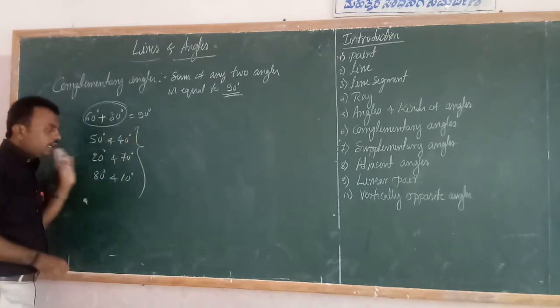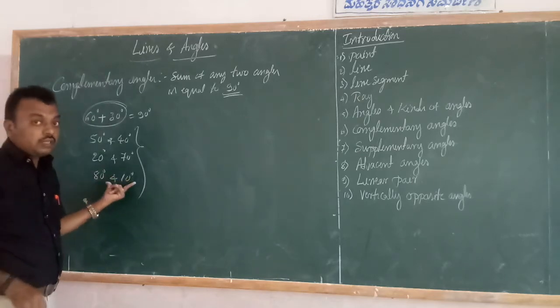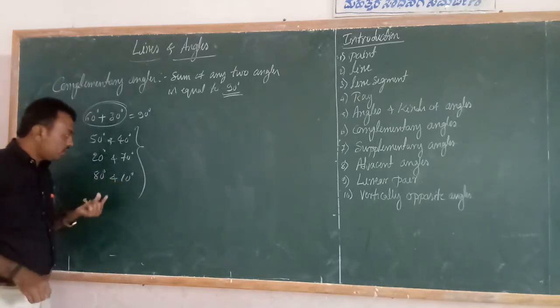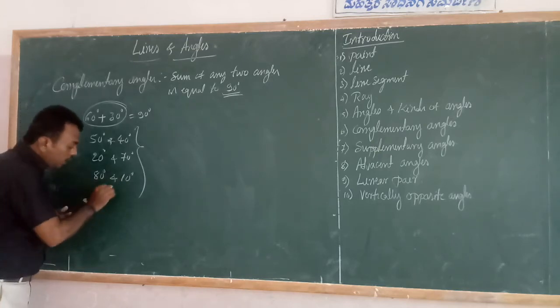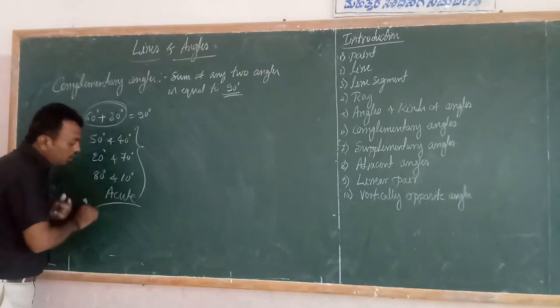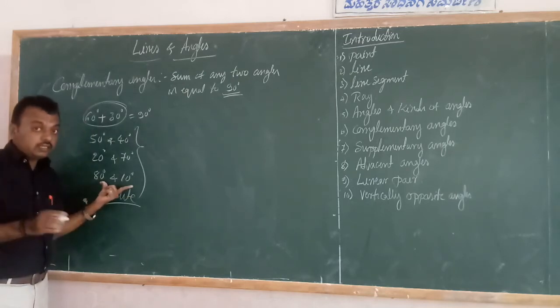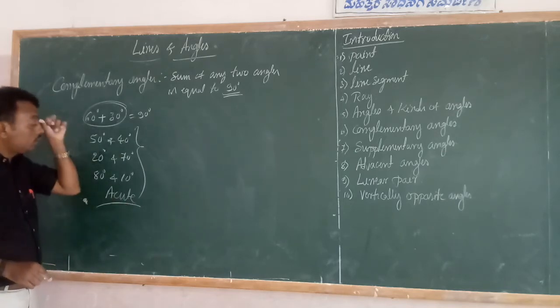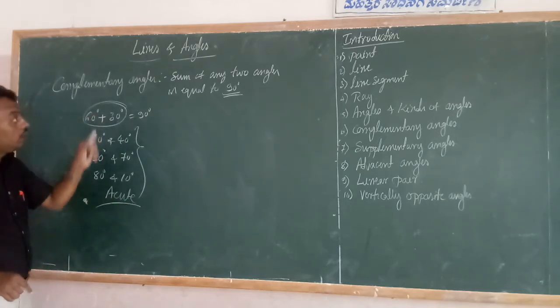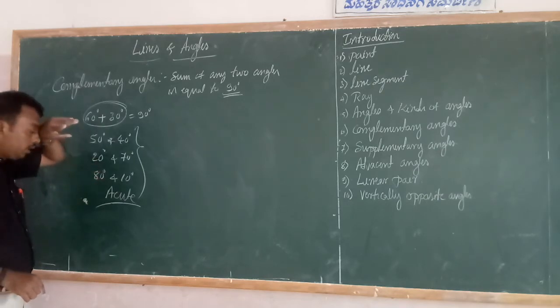You can give any kinds of angles. The sum must be equal to 90 degree. So observe, students, the two angles are always acute angles. Both are acute angles. So that's why the sum of any two acute angles equal to 90 degree is called complementary angles.